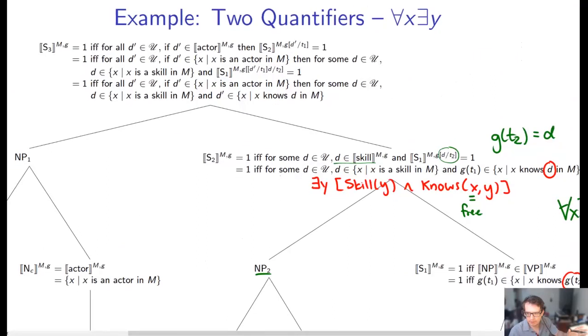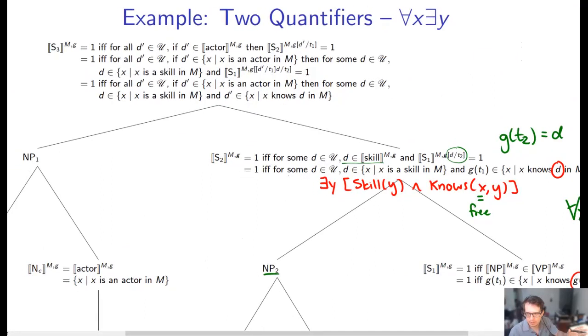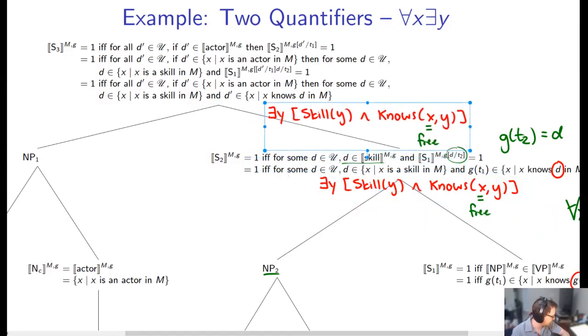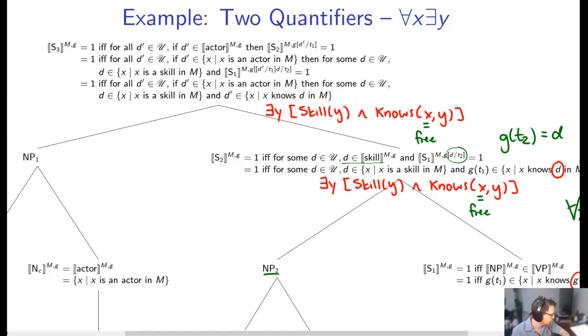Okay, and all we're doing is applying the rule again. So it might look like it's a little bit more complicated because we have an extra line, but really nothing here is changing. We're just adding a little bit more to it.